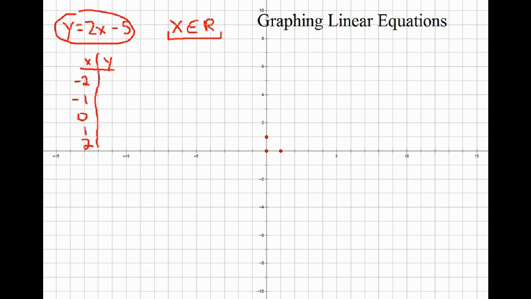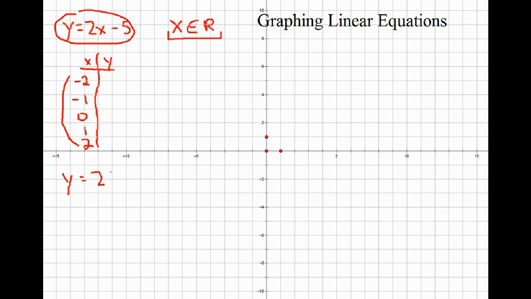So if we want to graph this relationship, we can choose any values for x that we want. When x can be any values, including negatives, I usually suggest that you choose these, just to give you an idea of what the relationship is going to be like. Choose some negative values, 0, and some positive values. So we're going to take our first value for x there, which is negative 2.